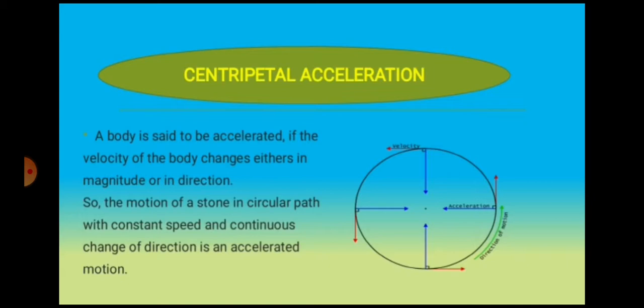So, the motion of a stone in a circular path with constant speed and continuous change of direction is an accelerated motion. In this case, there must be an acceleration acting along the string directed inwards, which makes the stone move in a circular path. This acceleration is known as centripetal acceleration and the force is known as centripetal force.